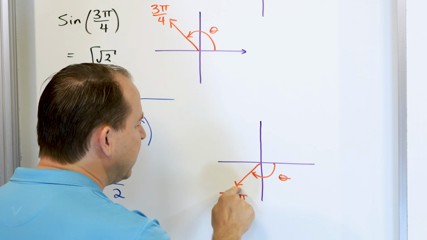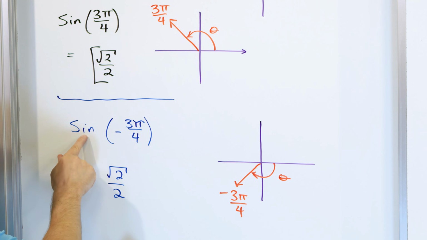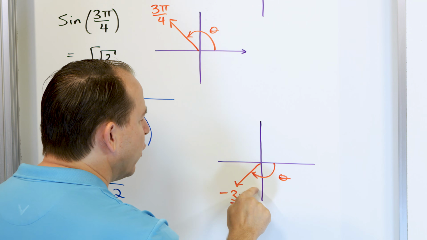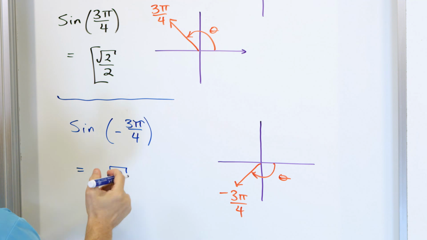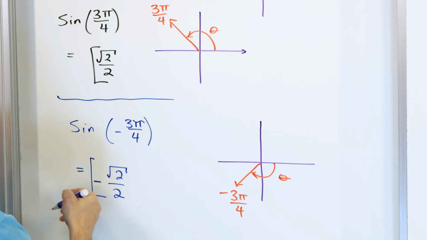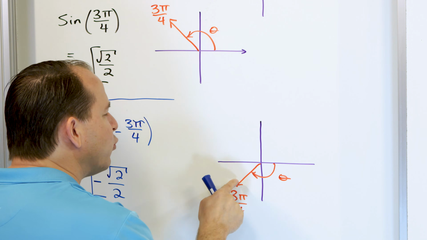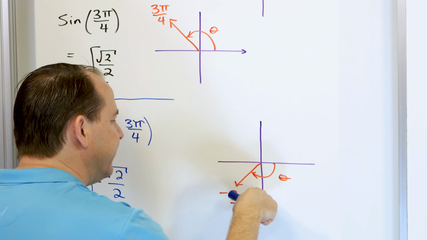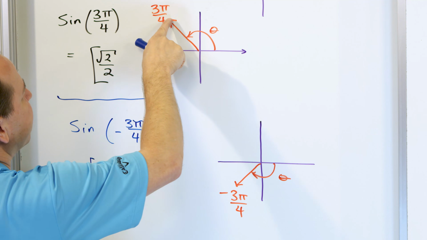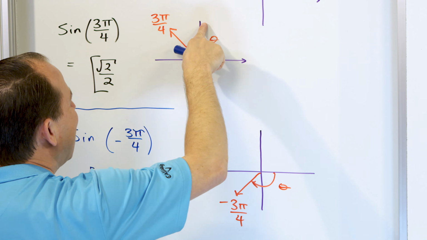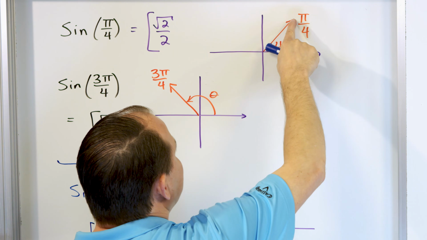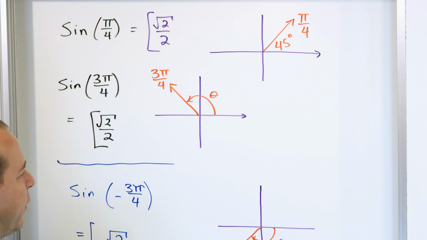So we look at this quadrant and we say the projection onto the y-axis, because it's a sine, is going to be on the negative y-axis. So actually the projection here is negative square root of 2 over 2. You see, since we know the ray is here, the projection has to be negative square root of 2 over 2. The projection here is on the positive y-axis, so it has to be positive square root of 2 over 2. And the projection here is on the positive y-axis, positive square root of 2 over 2.